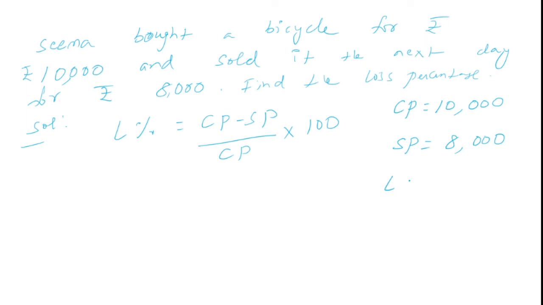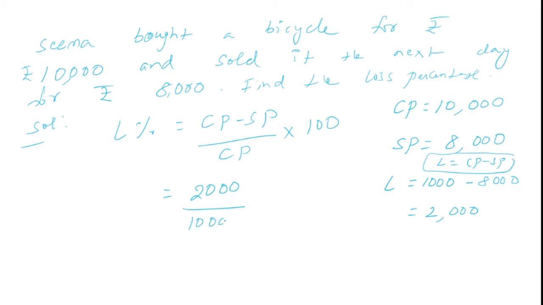So loss is 10,000 minus 8,000, that is CP minus SP. So 2,000 is the amount of loss. 2,000 by the cost price 10,000 into 100. Cancelling zeros, it is 20. So the loss percentage is 20.